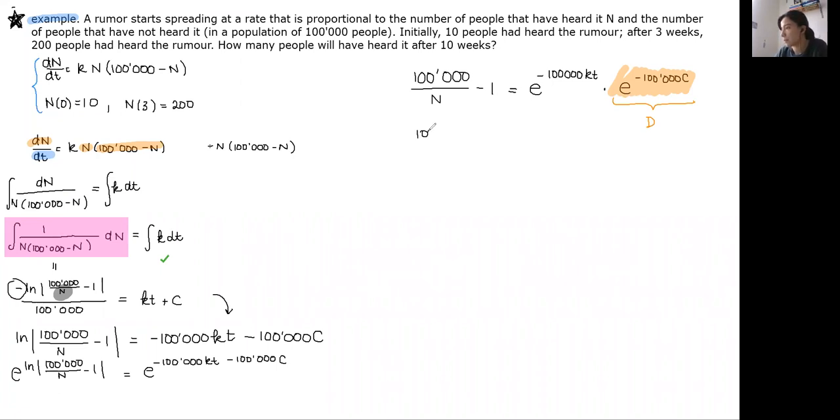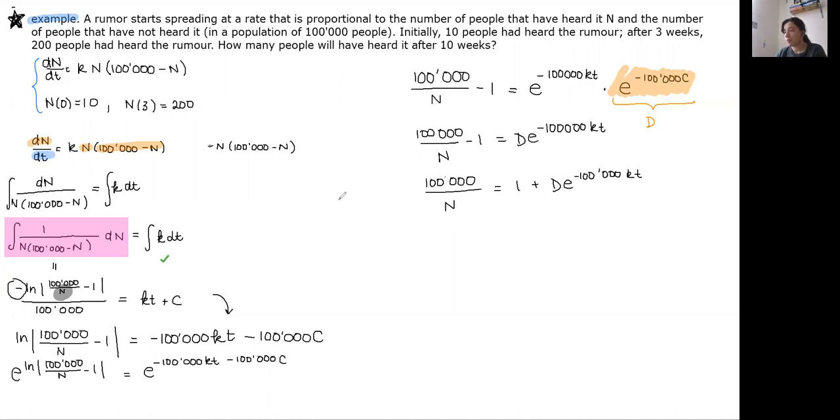Right, which brings me to the following expression, which is that 100,000 over n minus 1 is equal to d e to the minus 100,000 k t. And then I'm going to solve for n by just adding 1 and then putting this on the denominator. So I have 100,000 over n is equal to 1 plus d e to the minus 100,000 times k times t.